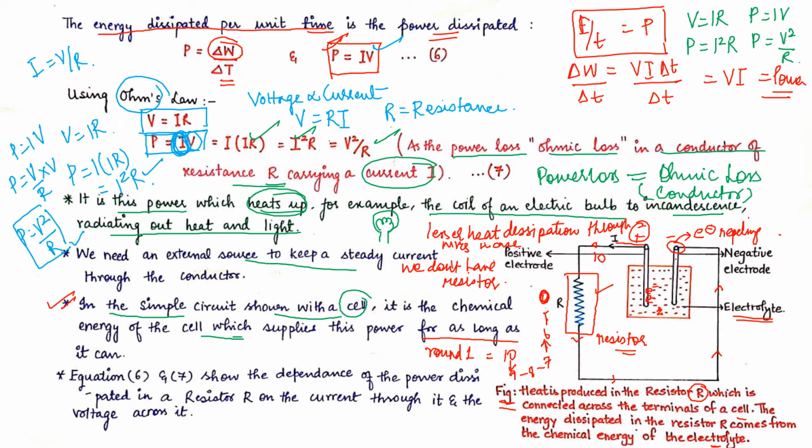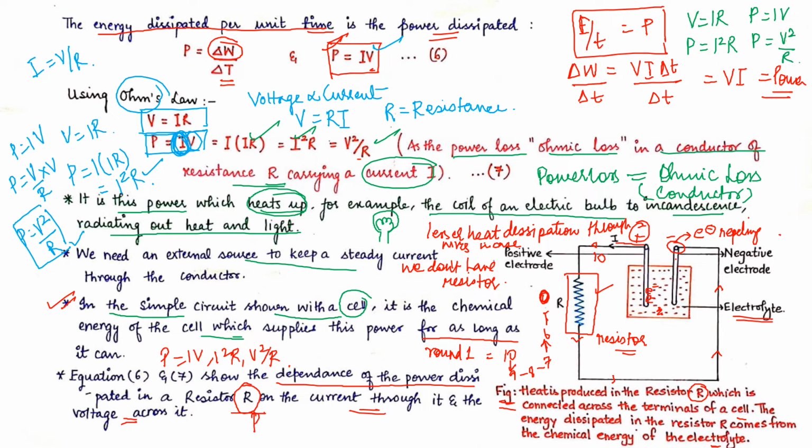Equation 6 and 7, this equation and this equation. I'll write over here P equals IV or I square R or V square upon R. This shows the dependence of power dissipated in resistor R on the current through it and the voltage across it.